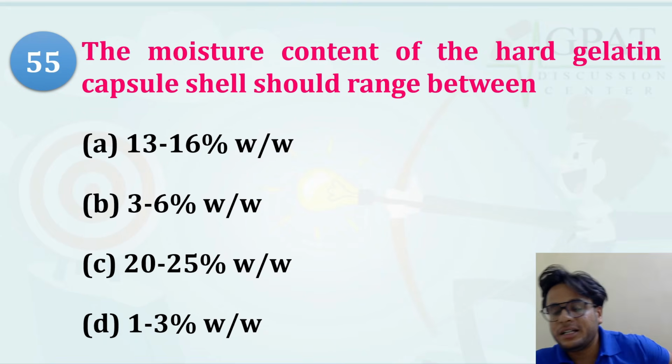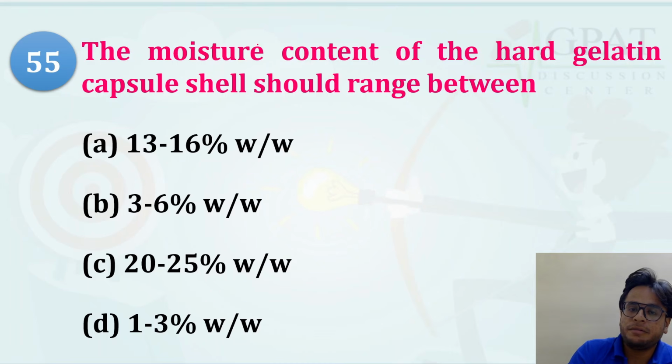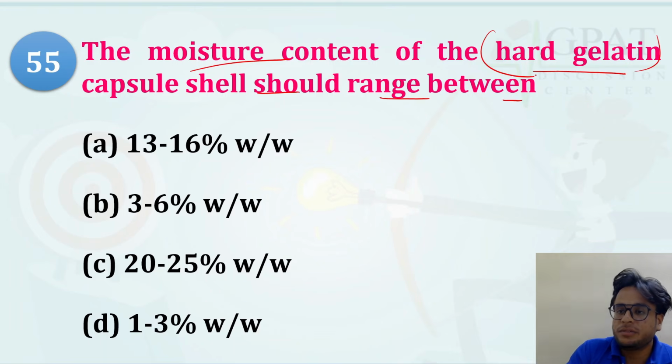The moisture content they are asking about in the 55th question, the moisture content of the hard gelatin capsule shell, should be in a range of, yes, for the hard gelatin capsule, the moisture content is somewhat high or lies in a range of 13 to 16% weight by weight.